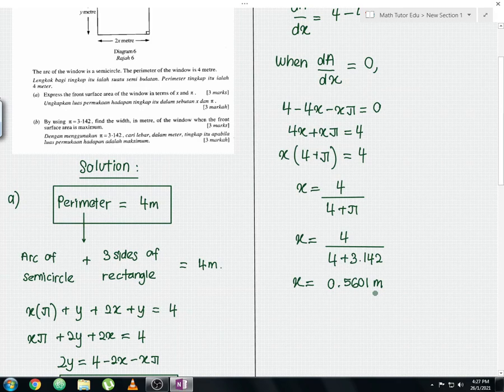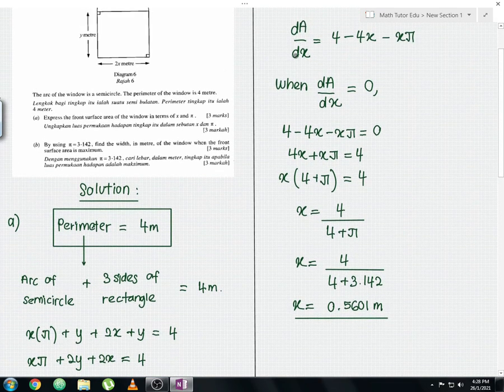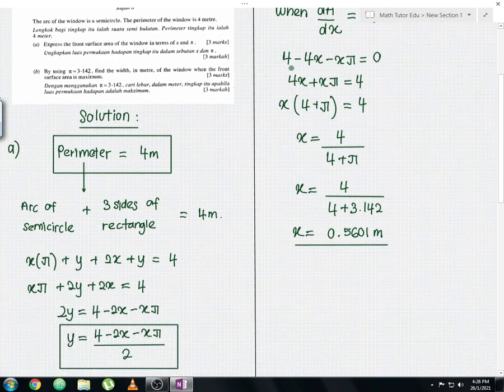So this is the x value in order for your area to be maximum. However, we will double confirm whether this x value will give a maximum value or minimum value. So how are we going to do that? We're going to do double differentiation, or so called double derivative. We're going to differentiate this dA over dx a second time.